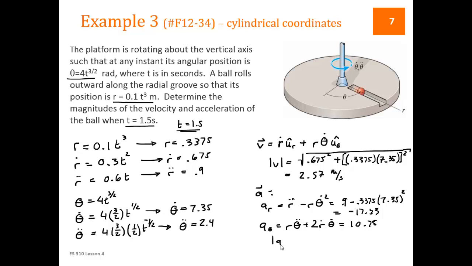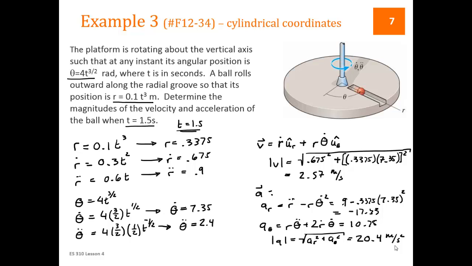So the magnitude of a is equal to the square root of a r squared plus a theta squared, and that's equal to 20.4 meters per second squared. And so that is then our solution to this problem. So the magnitude of velocity is 2.57, and the magnitude of the acceleration is 20.4.